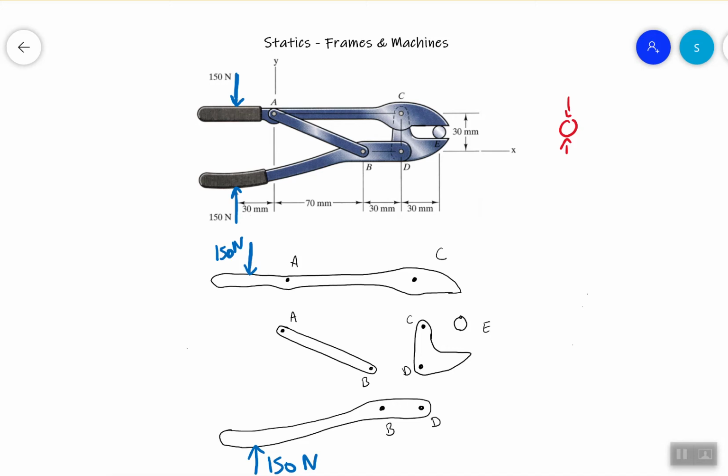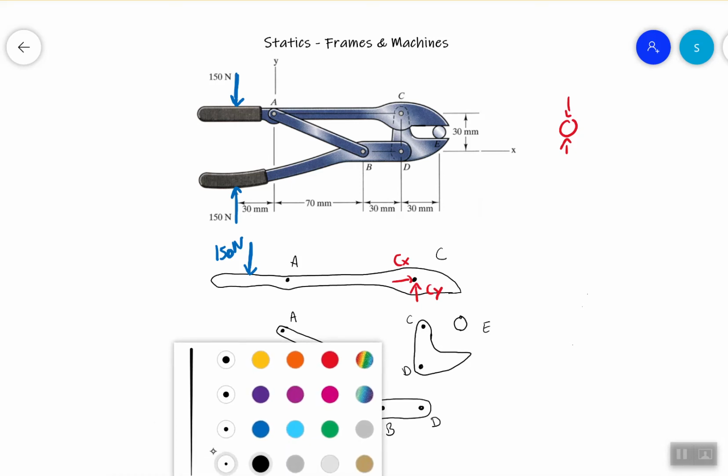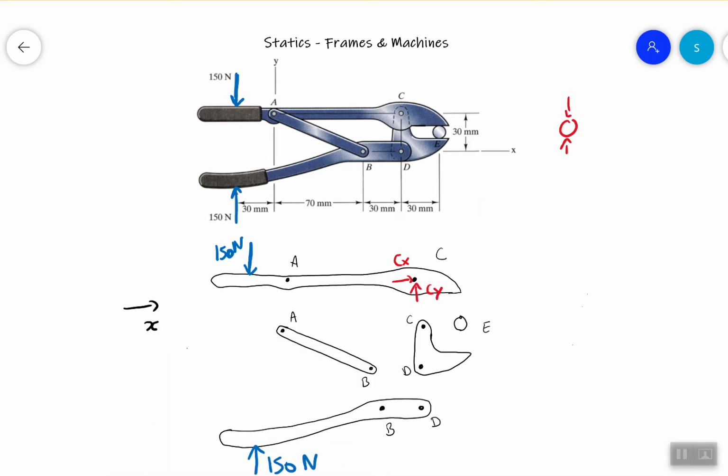We have a pin connection, so Cx, Cy, and I will follow the x and y axes when I don't have any idea of the direction of Cx and Cy. At A, it's a pin connection, so we also have two unknowns, Ax and Ay.